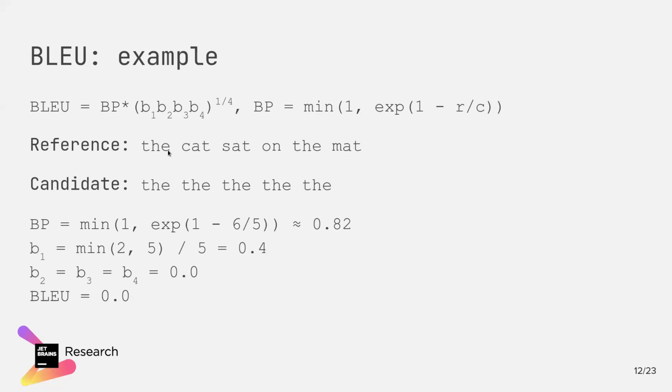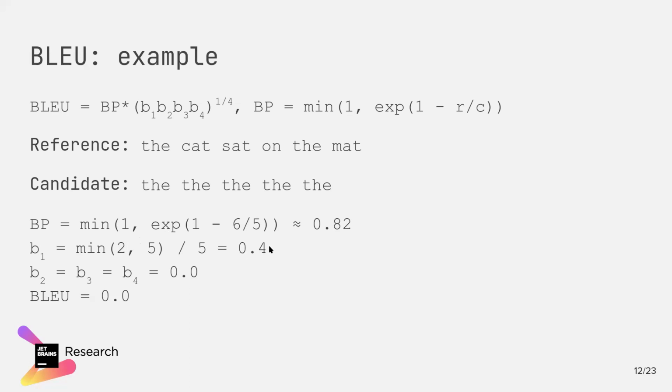So we have one kind of 1-gram in the candidate, which is "there". And "there" is repeated twice in the reference. So when we compute p1, we should take the minimum between the amount of times "there" is repeated in the candidate, which is 5, and the amount of times it is repeated in the reference, which is 2, divided by the overall candidate length.